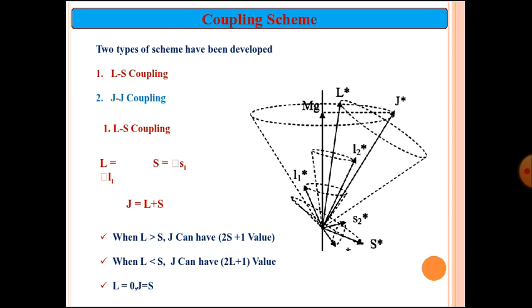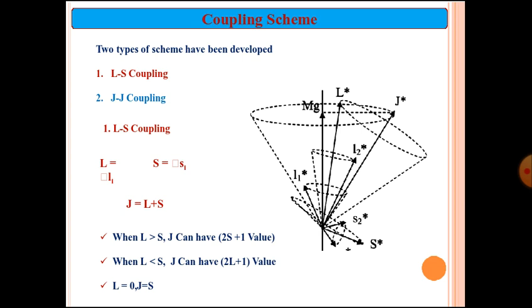In this type, all the orbital angular momentum vectors of the various electrons combine to form a resultant L, and independently, all their spin angular momentum vectors combine to form a resultant S, capital S. These resultant capital L and capital S then combine to form the total angular momentum J of the atom. Here the figure also shows these representations.